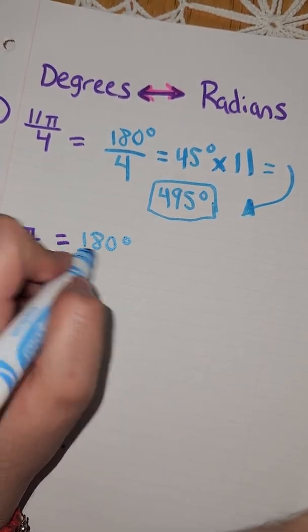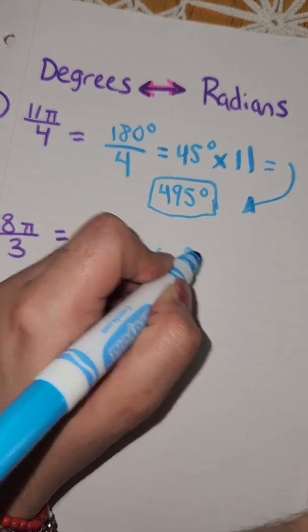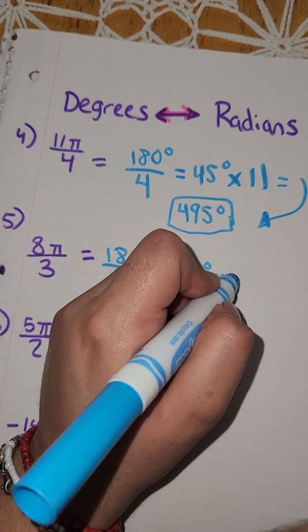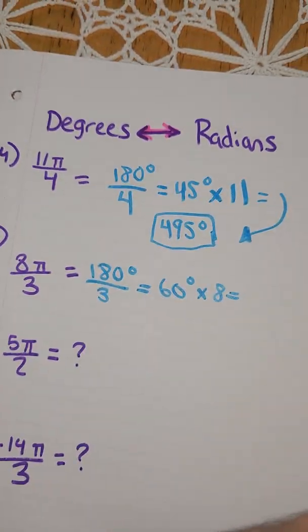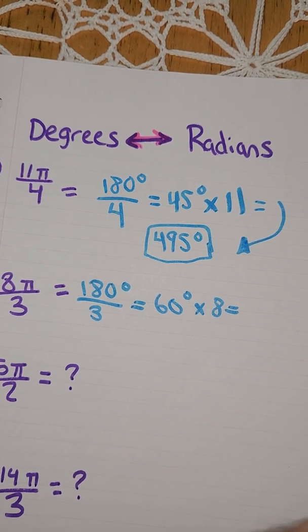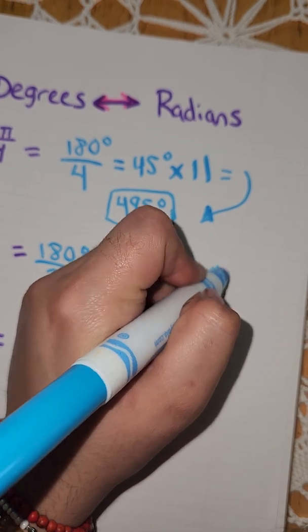Then 180 divided by 3, times it 8, equals 480 degrees.